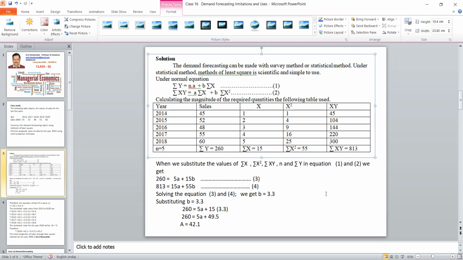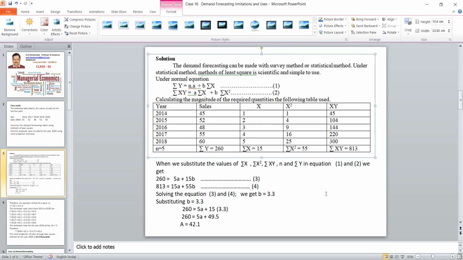If you add that particular column, 1 plus 4 plus 9 plus 16 plus 25, it is equal to 55. Now the fifth column is, we have to multiply the x value and the y value. What is x value? 1, 2, 3, 4, 5. What is y value? The sales value, 45, 52, 48, 55, and 60. So 45 into 1, 45. The next year, 52 into 2, which is equal to 104.